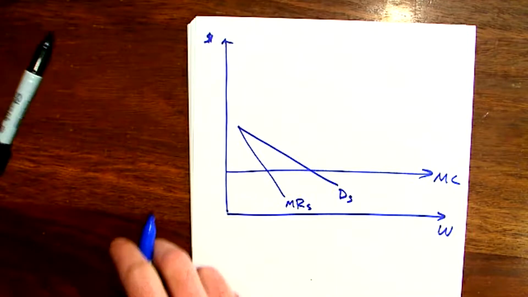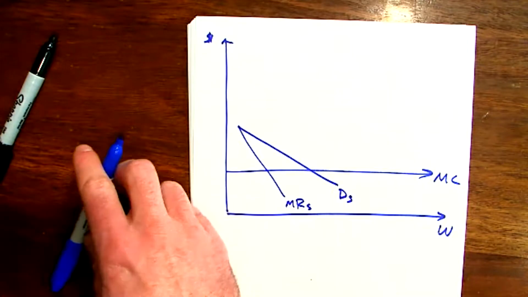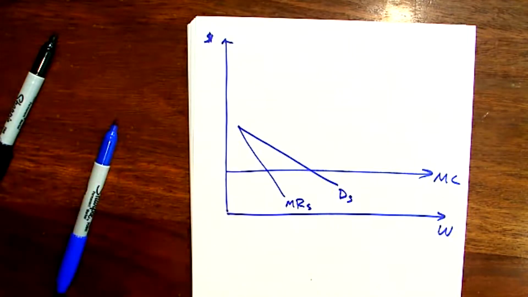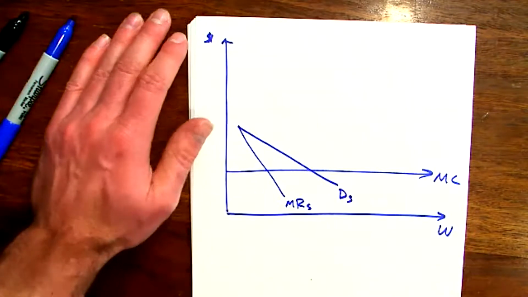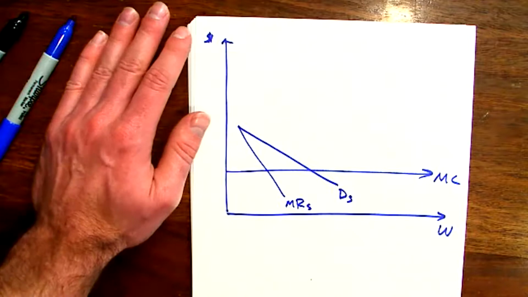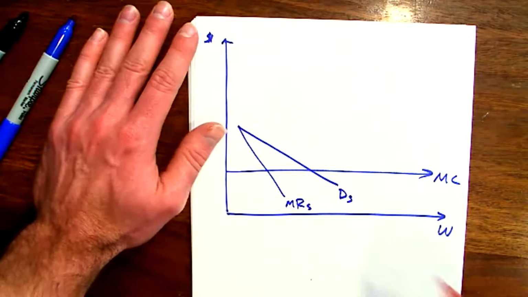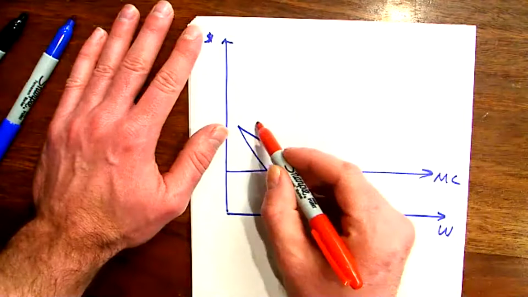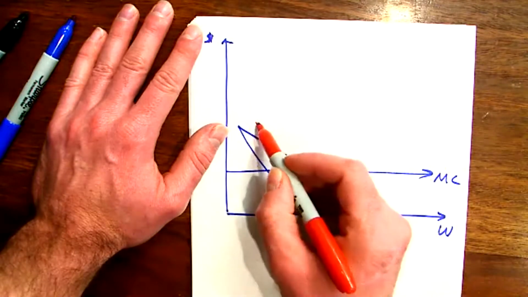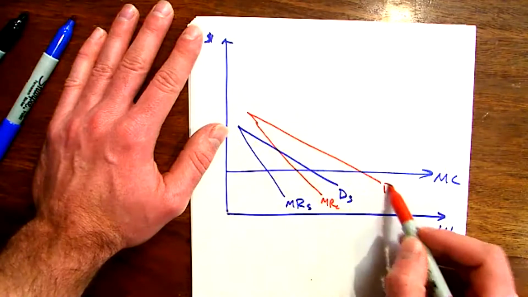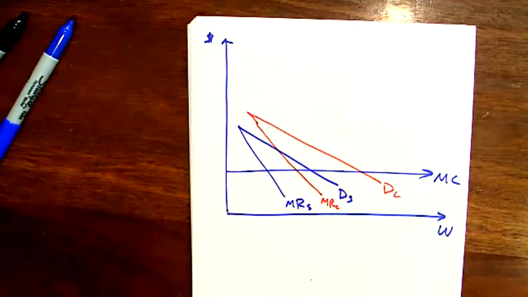So a lot of the times I draw these very far apart to really accentuate the difference between large and small markets. But it could be that it does look something like this, right? Where the difference in the demand curves and the marginal revenue curves isn't near as large.